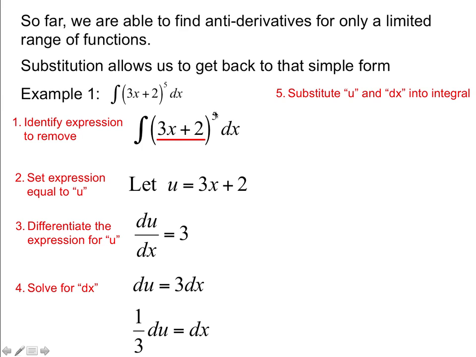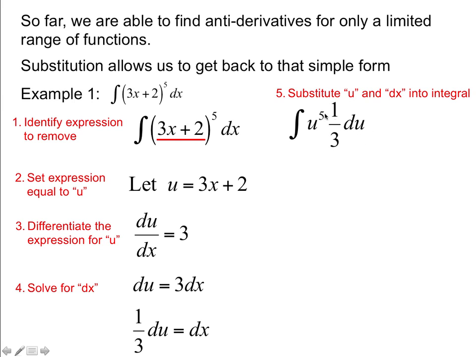We're going to keep that power. And instead of having the dx, we're going to have the 1/3 du. So the substitution looks like this. Oh, I didn't use the brackets. That's okay. So I have my integration. I'm now calling this u because that's my substitution. And then I have to get rid of the dx. So I have those two substitutions.